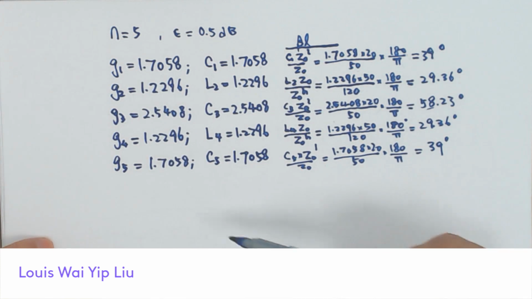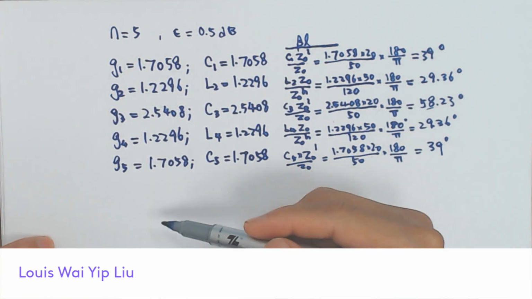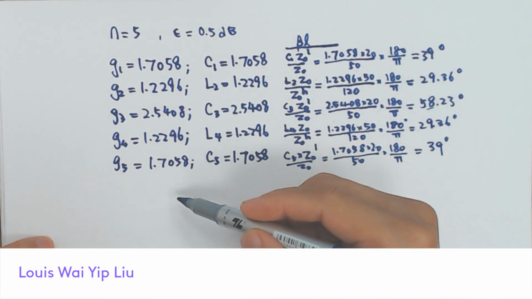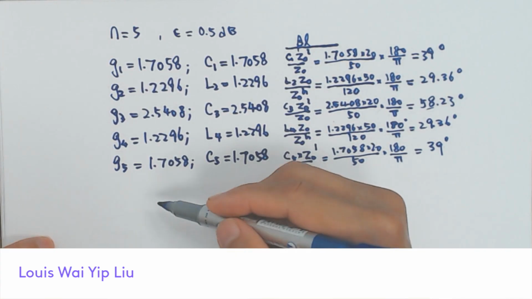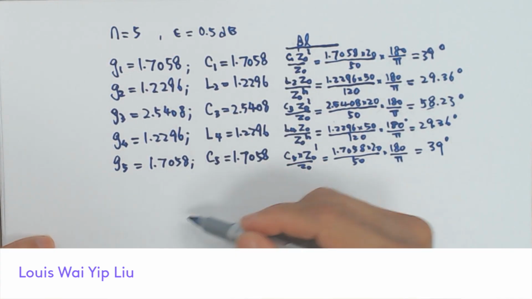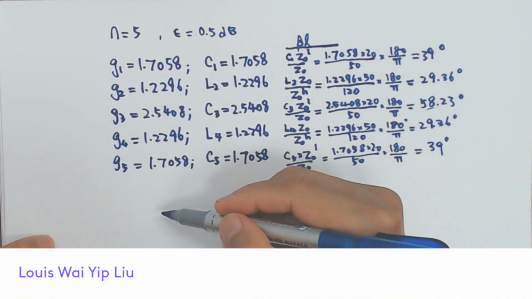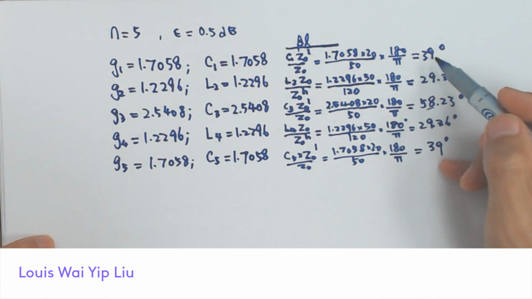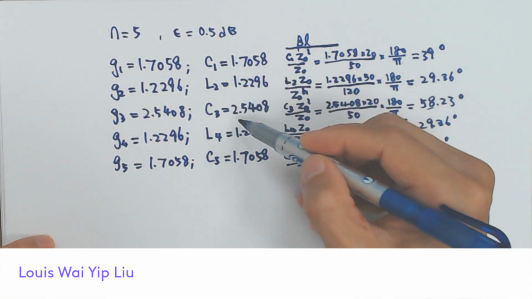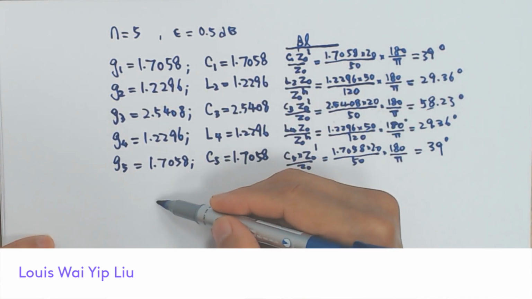So I'm going to sketch the filter structure for you. We have 20 ohms for all the capacitances. So I will do that.